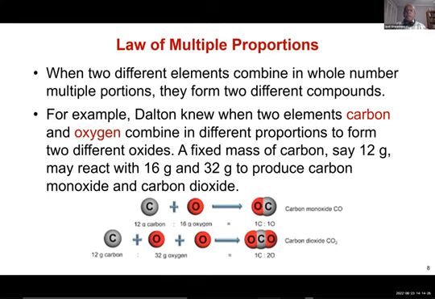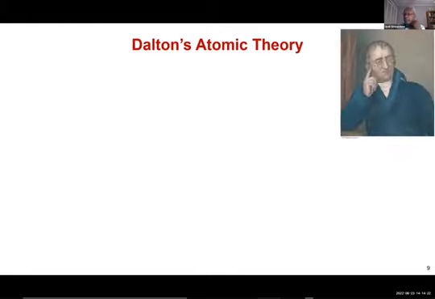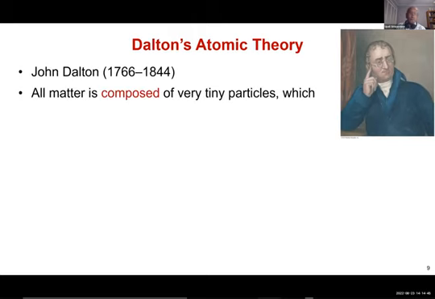that atoms are the basic component of matter. So Dalton came up with the idea to explain conservation of mass. Atoms cannot be destroyed. All matter is composed of tiny particles called atoms. That's the idea that he came up with.